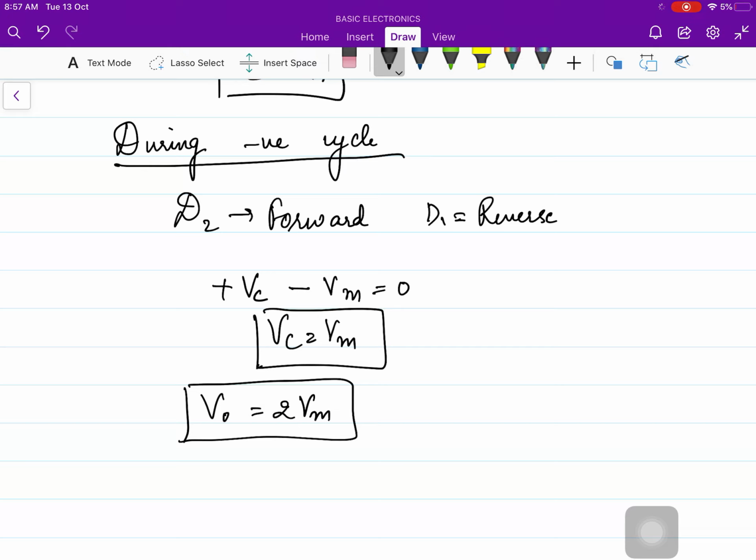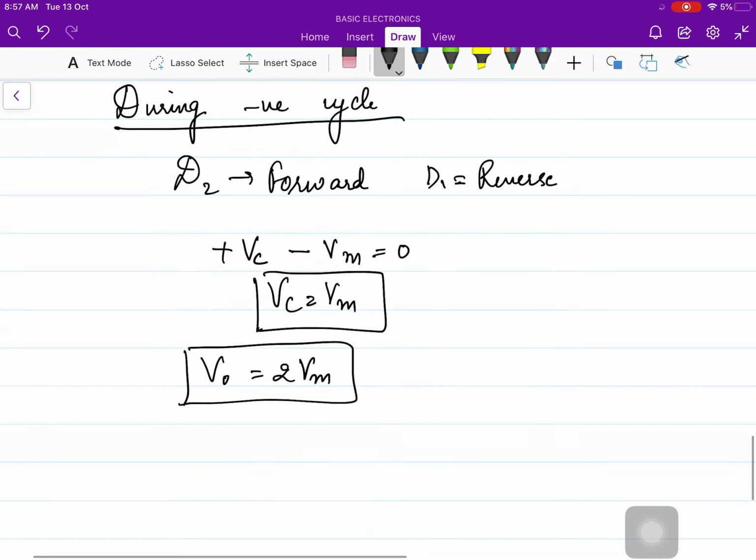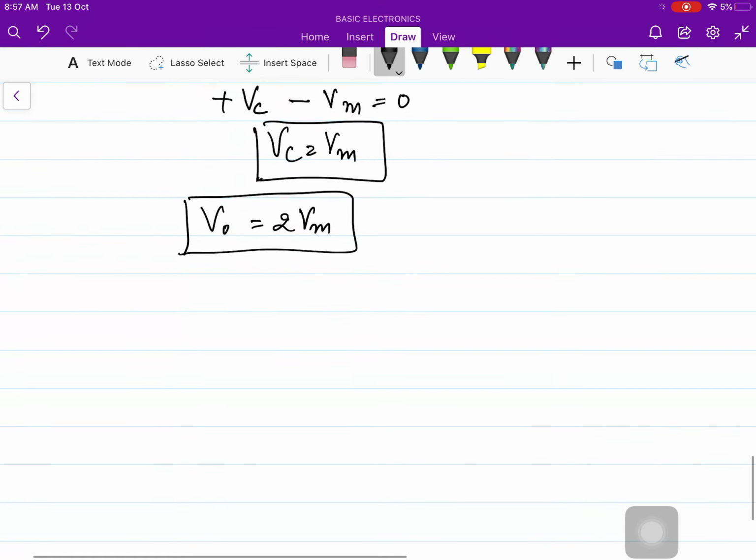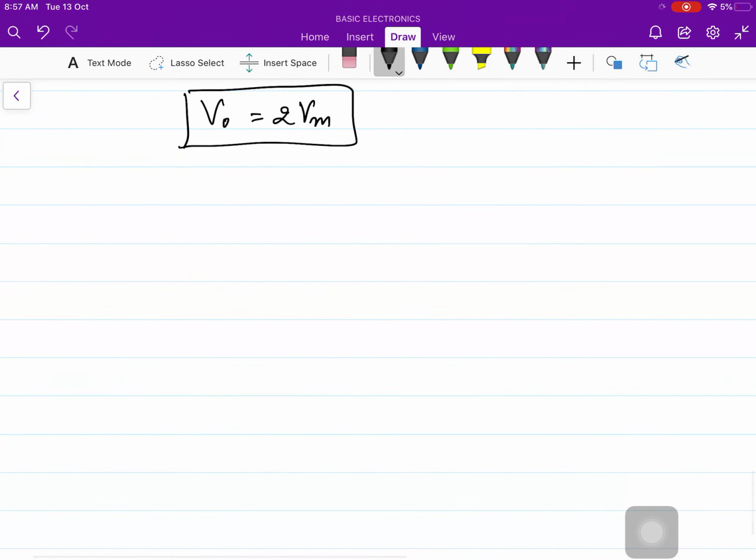In the case of the half wave voltage doubler, you took into account only the negative half cycle, because the negative half cycle only charged the capacitor C2 up to 2 Vm. So that was the half wave voltage doubler. So this is the difference between half wave and full wave voltage doubler, and this is how we calculate the output. Now let us see one more circuit, and in that circuit you will be able to understand both the voltage tripler and quadrupler.